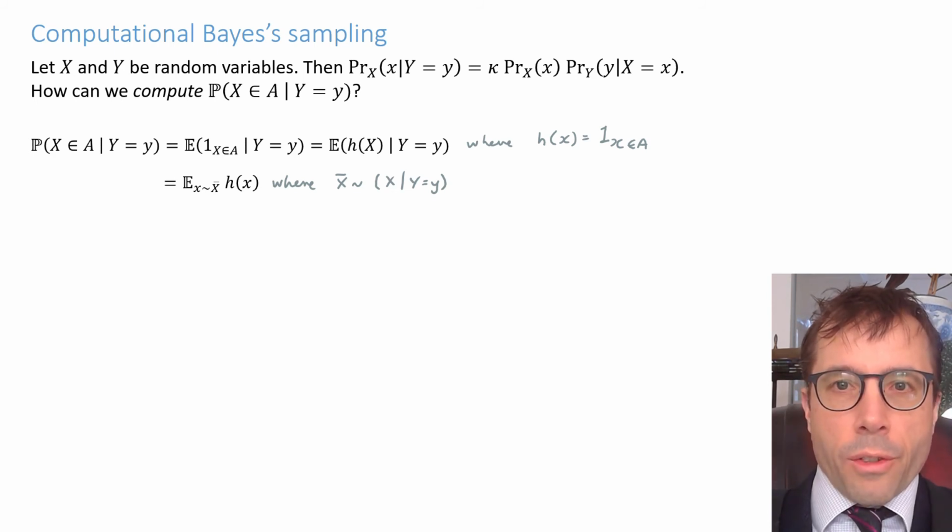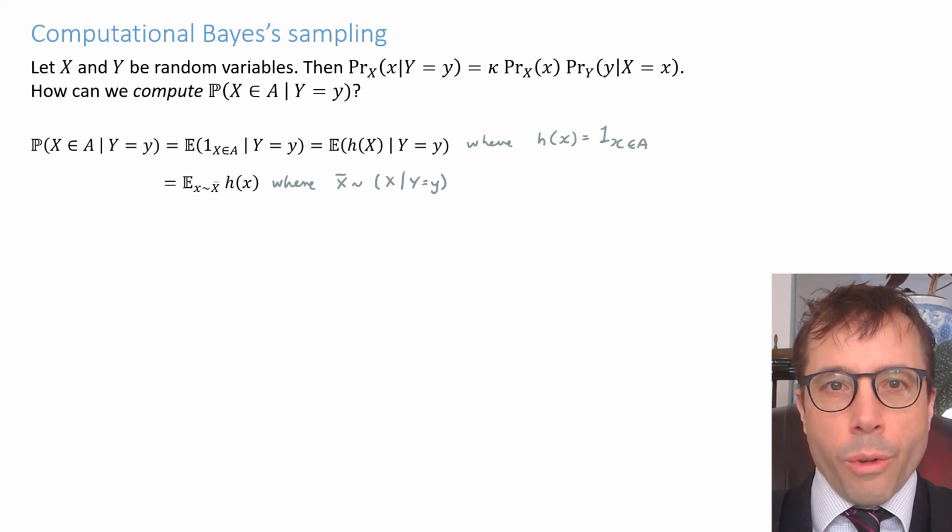Whenever we write out a conditional expectation, what we really mean is that we're taking the expectation over a conditional random variable. Here I've called the random variable x bar. Let x bar be the conditional distribution of x conditional on big Y equals little y. We want to calculate the expected value of h of x, where x has distribution x bar.